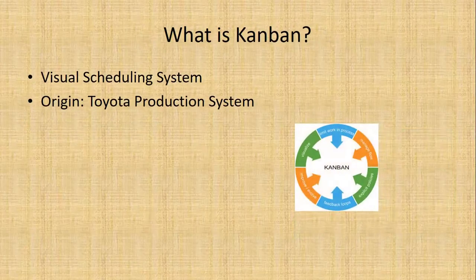Now let us understand the basic problem definition. What is meant by Kanban? The word Kanban means a visual signal or a card in Japanese. This concept was developed by Taiichi Ohno, an industrial engineer at Toyota.